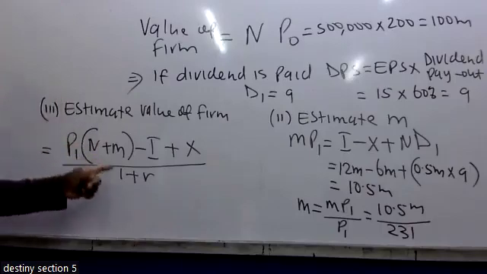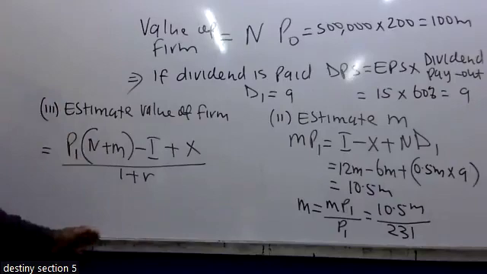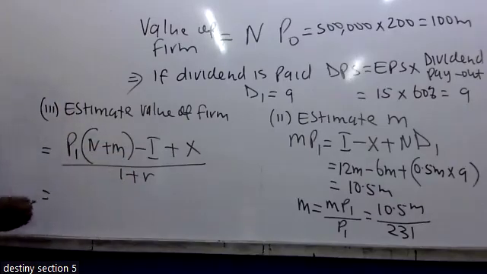It's in your model, but I don't want to go into detail to formulate it because our time is limited. So P1 is 231.